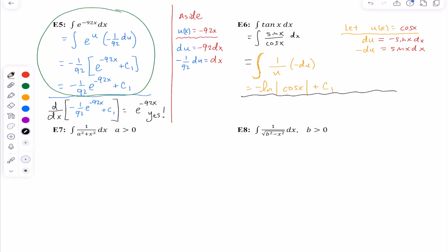Let's go ahead and check this with differentiation. When you check this, you are going to need the chain rule.